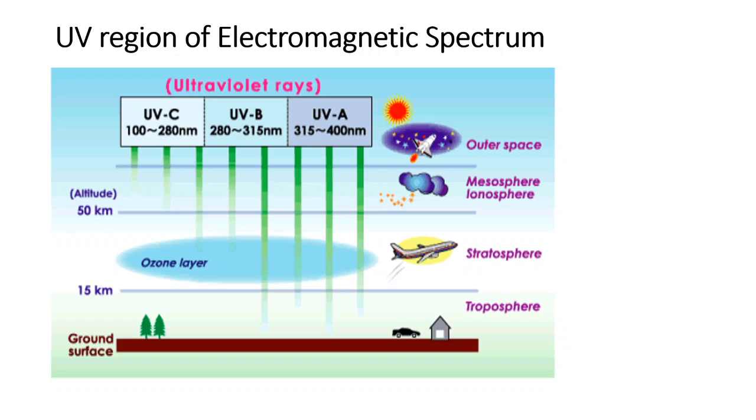And this slide shows the UV region of the electromagnetic spectrum. The UV rays can reach the ground surface, that is the troposphere, and can cause ecological and also health impacts.